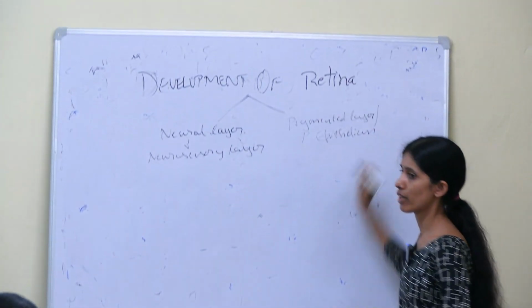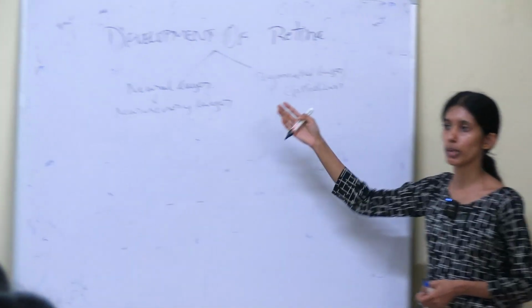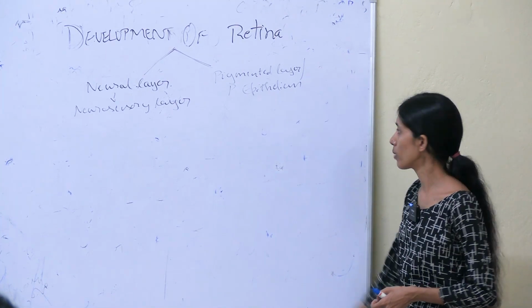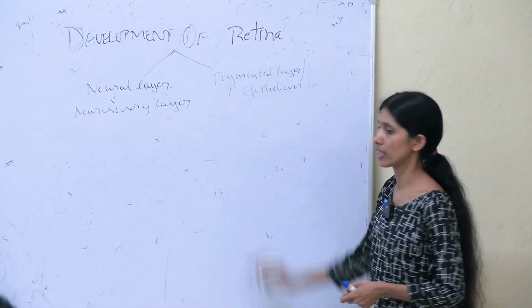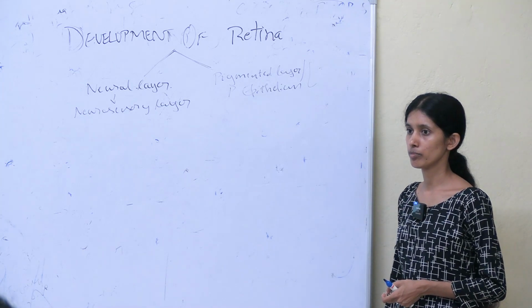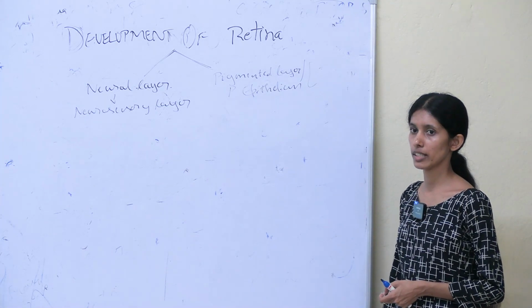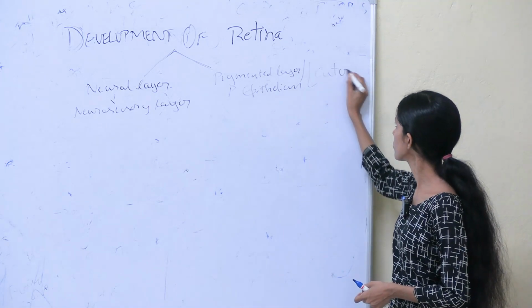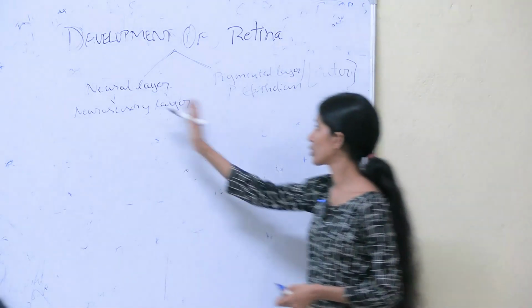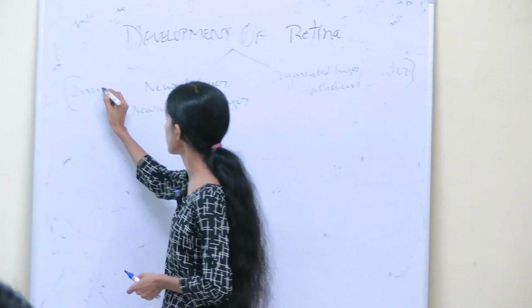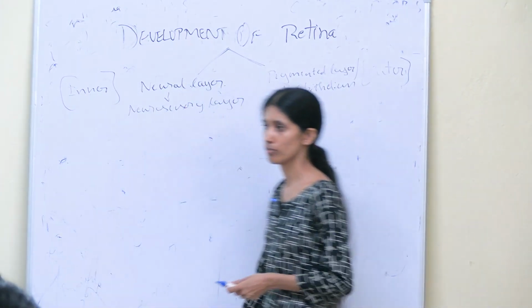In the development stage, these are the two important cell layers we concentrate on in the retina. Is your pigment layer present in the inner aspect or the outer aspect? It is present in the outer aspect. And your neurosensory layer is present in the inner aspect.